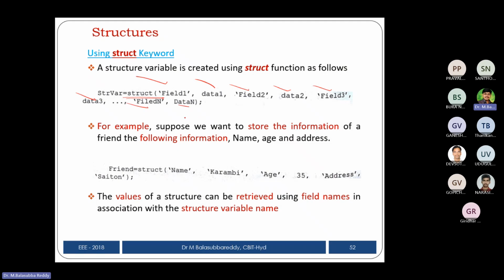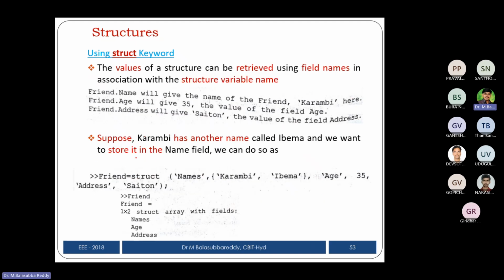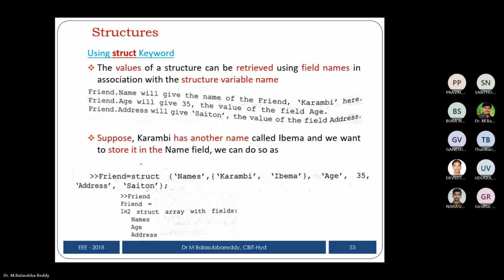If I write that, it will be stored in a structured fashion. Now struct of name, answer, age, and then address, all these things will be stored in one variable, let it be a friend variable. And now we can see that there is a structure given in this fashion. Sometimes two names also you can give, and the name consisting of these two will be available.